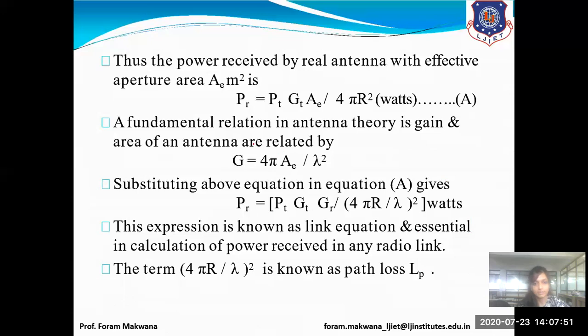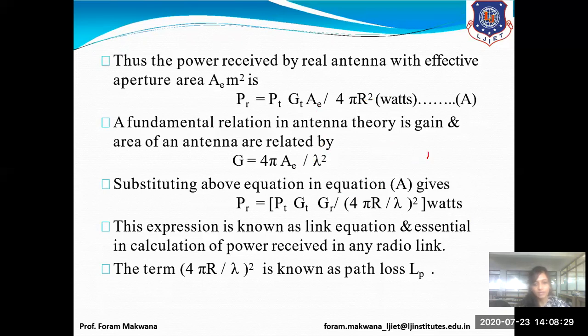Then, a fundamental relation in the antenna theory is that its gain and the area of the antenna are related. We know that the relationship between effective aperture and the gain G is G equal to 4 pi AE upon lambda square. So we are simply substituting the value of AE by G lambda square upon 4 pi in the equation A, this equation, right? We are replacing AE.